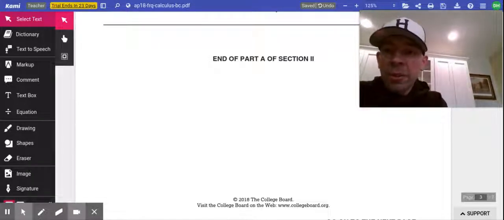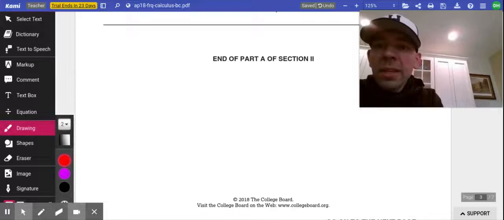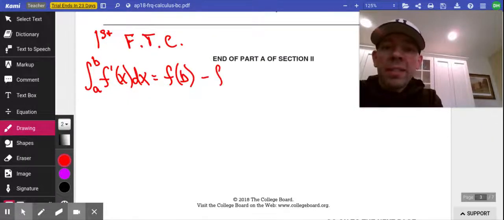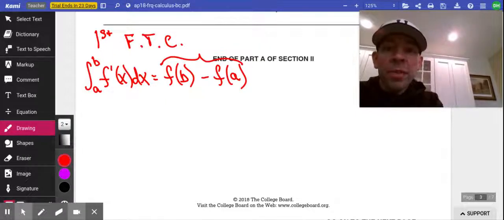In a general sense, the First Fundamental Theorem of Calculus says the integral from a to b of f prime of x is guaranteed to be f of b minus f of a. As a little sidebar, the difference of these two values measures the net change in f over that time period.